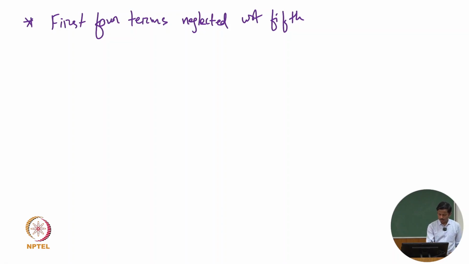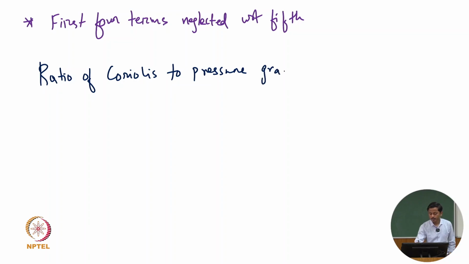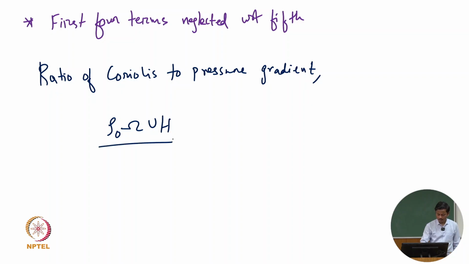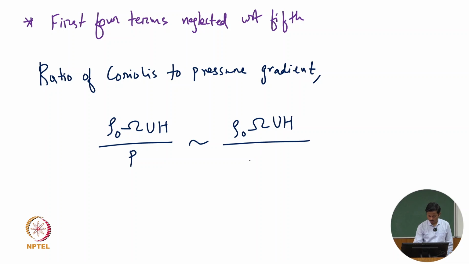Now the ratio of the Coriolis to the pressure gradient term scales as rho naught omega U H by rho naught omega L U, because pressure scales as rho naught omega L U. We had already defined the pressure scale.